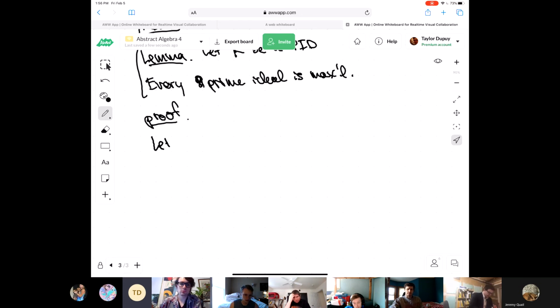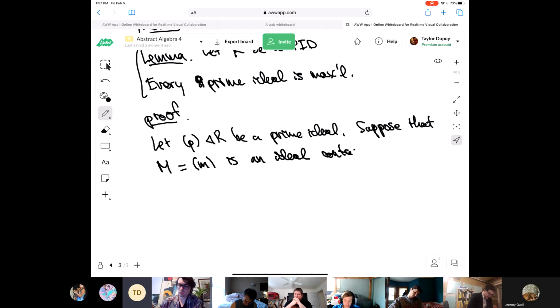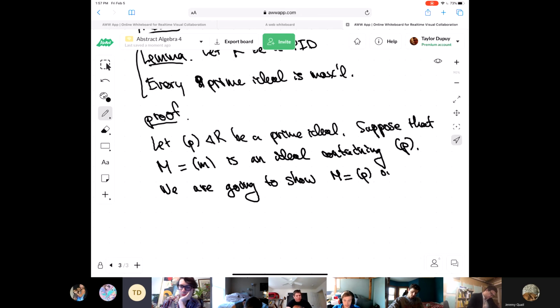So what we're going to do is let P be a prime ideal, and suppose that M is an ideal containing P, the ideal generated by P. What we're going to show is that M is equal to P, or M is equal to the whole ring R.